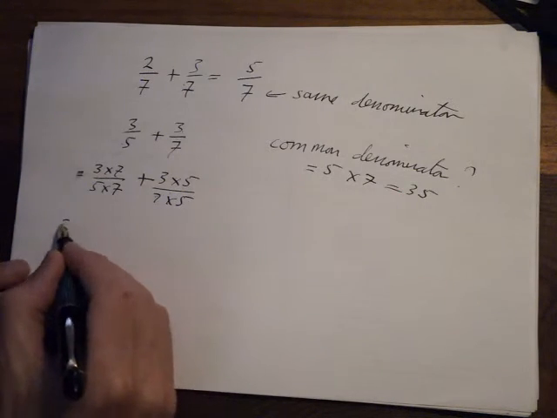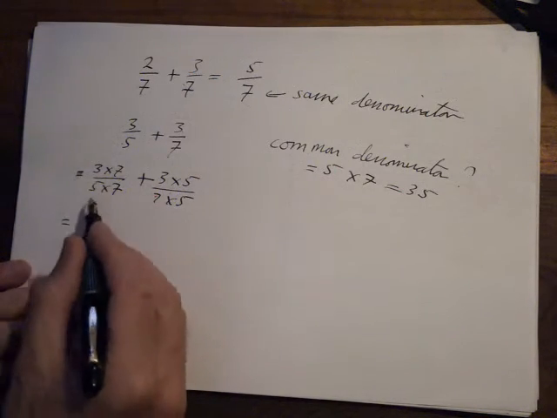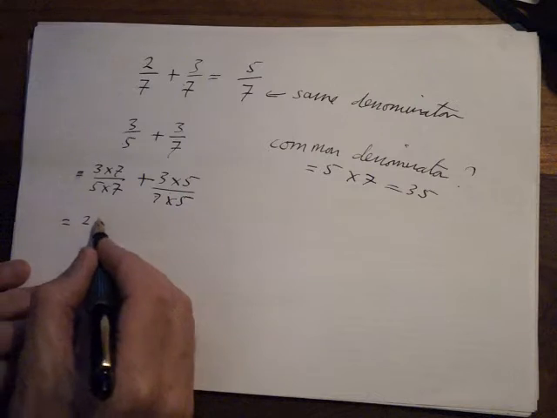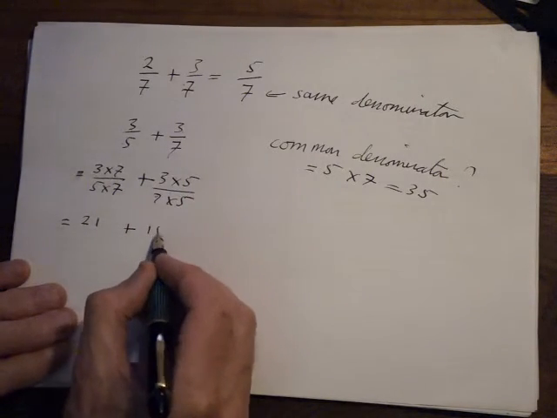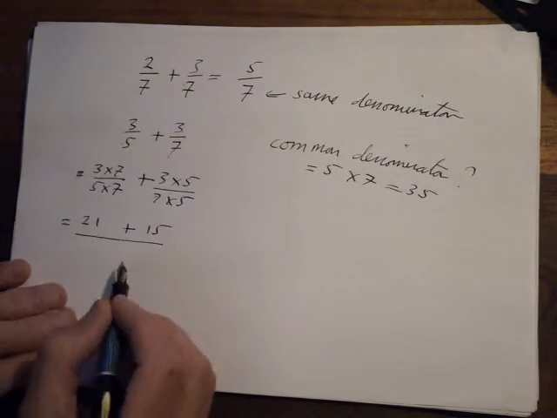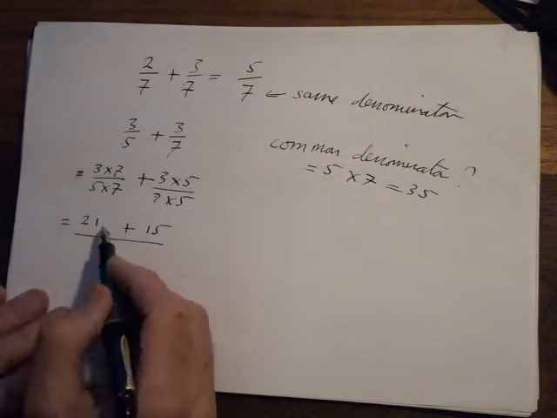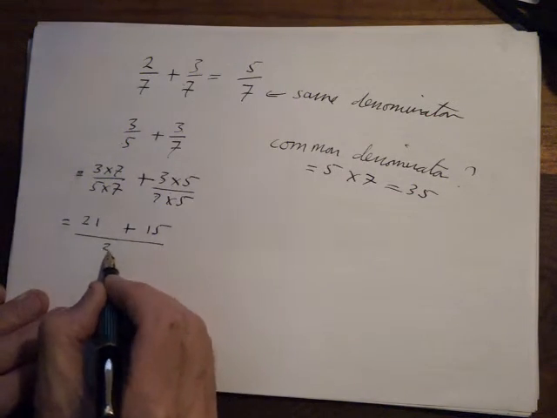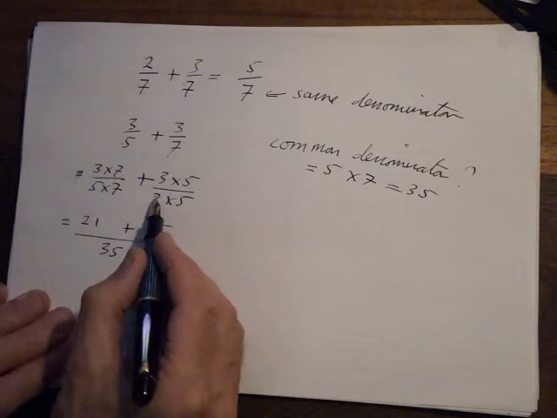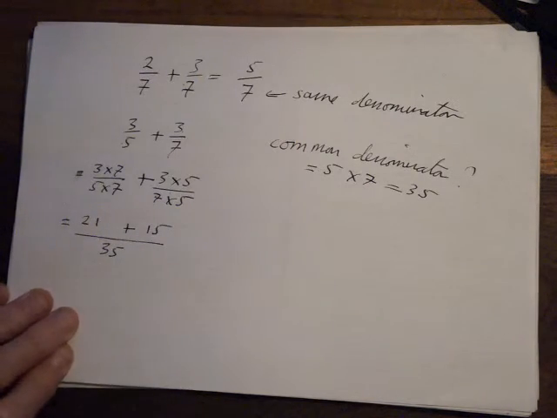And now if we evaluate that, on the top of this fraction is 21, plus on the top of that fraction is 15. This is now divided by 5 times 7 is 35, and this is also 5 times 7 is 35.